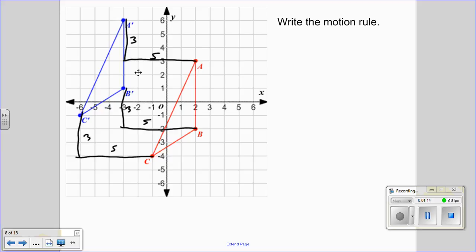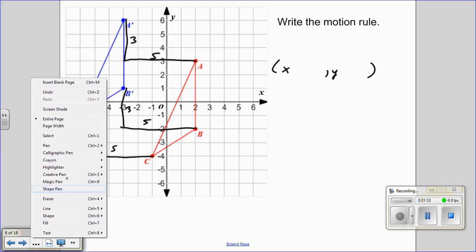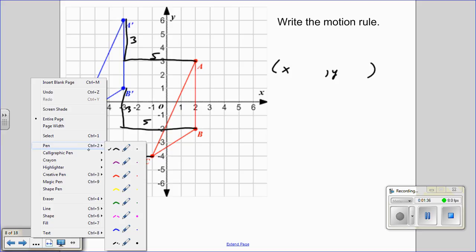So when you write the motion rule, it looks like an ordered pair, where you're going to have your X and your Y, but you're also going to add some operations and numbers to represent your movement. Since my X's went left 5 units, my X values decreased.